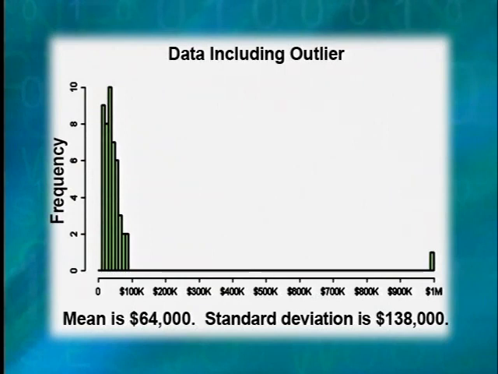We'll go through this computation where you have the CEO making $1 million. What happens? The mean goes up to $64,000, and the standard deviation jumps to $138,000. So the standard deviation is far higher than it was before. The standard deviation is susceptible to a strong influence by an outlier.